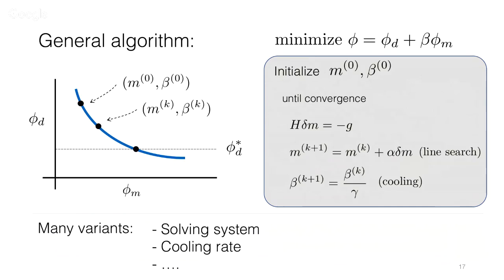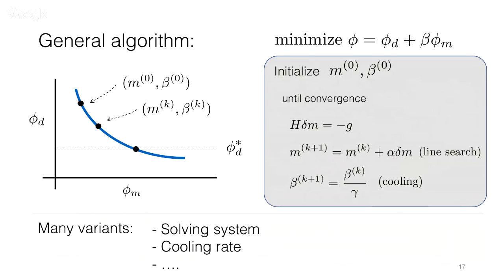When I say update, that means paying attention to whether or not alpha needs to be less than 1. And the other thing that we're going to do is something very expedient: we're going to start with a large beta, and then cool down, so that we land close to the Tikhonov curve. We're going to change beta with a bit of a cooling schedule. And we understand how that works.